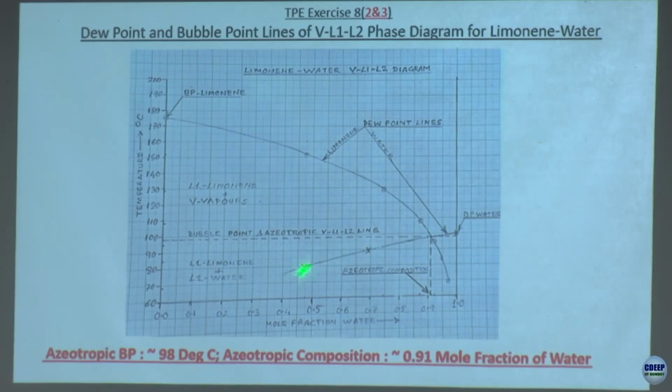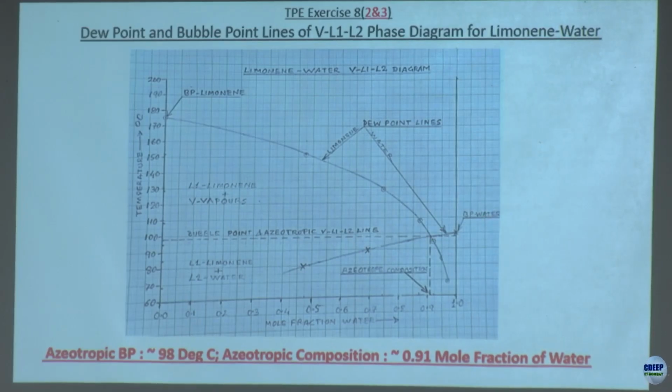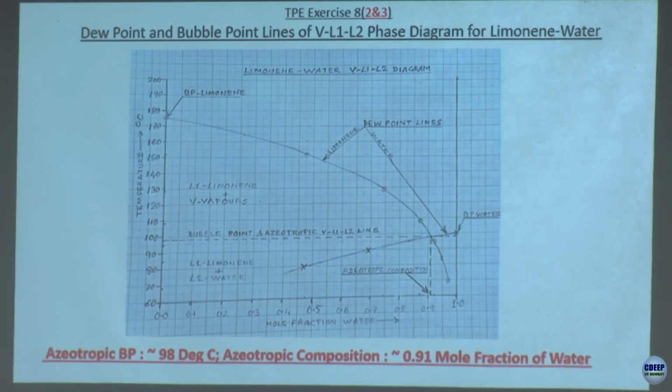So as far as D-limonene is concerned, if instead of water you use methyl alcohol, the methyl alcohol line would be somewhere here, but this line would remain the same. Fine. So this is very important to really grasp.